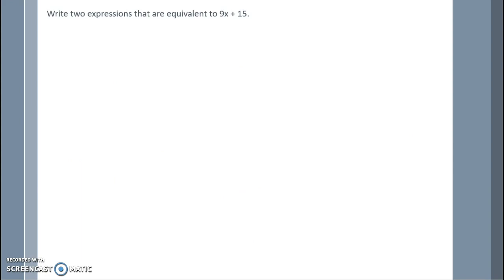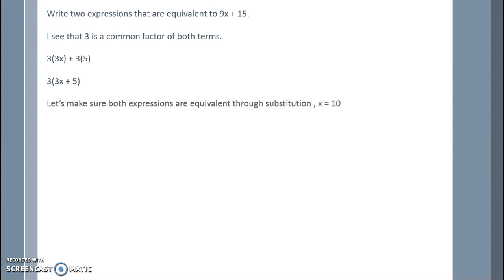All right, let's write two expressions that are equivalent to 9x plus 15. I see that 3 is a common factor of both terms because 3 times 3x plus 3 times 5 gives me 3 times 3x plus 5. Let's make sure both expressions are equivalent through substitution. So let's use 10.